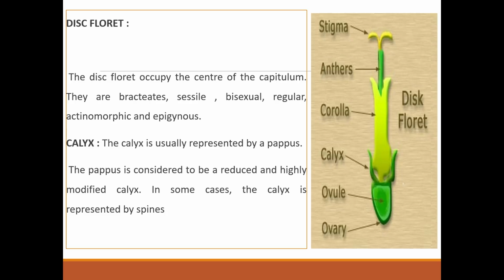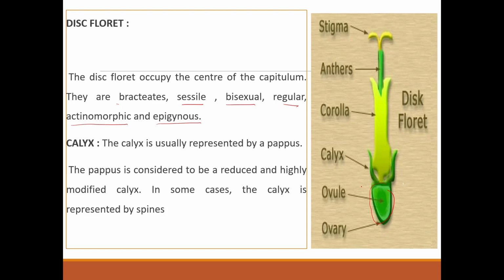If you start with the disc flower, as I have told you, disc flowers occupy the center of the capitulum in general, but sometimes the head is composed only of disc flowers. These flowers are bracteate, sessile, bisexual, regular, actinomorphic and epigynous. As you can see, the ovary is in an inferior position.